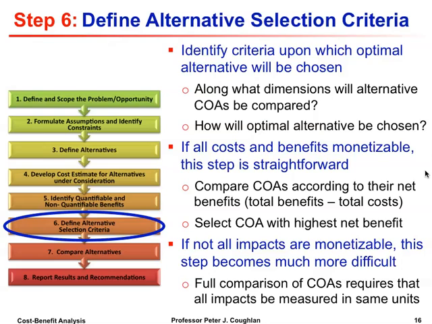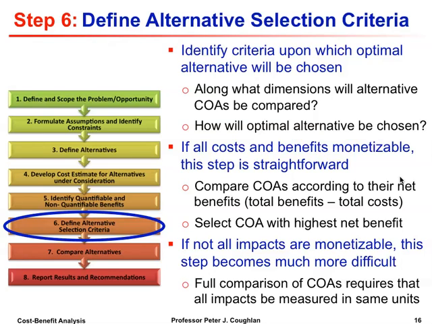If not all impacts are monetizable, however, so you can't simply calculate a dollar net benefit for each course of action that includes all costs and benefits, it becomes much more difficult to determine the appropriate selection criteria. Because ultimately, a full comparison of courses of action requires that all impacts be measured in the same units. If we've measured benefits in terms of, for example, customer satisfaction, morale, accuracy, whatever it might be, that might be measured in percentages or some other number, but not in dollars.